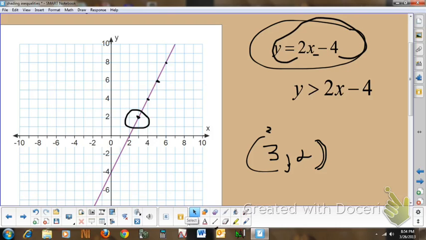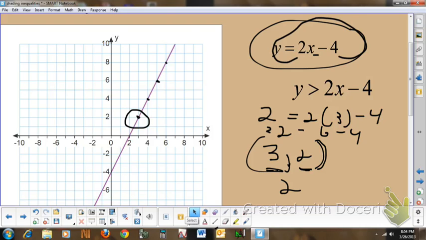So we get, this is y, this is x, so we get 2 is equal to 2 times 3 minus 4. So 2 is equal to 6 minus 4. 2 is in fact equal to 2. Alright, so it works. 3 and 2. And any point along here will work. It doesn't matter where it is, it will work on this.